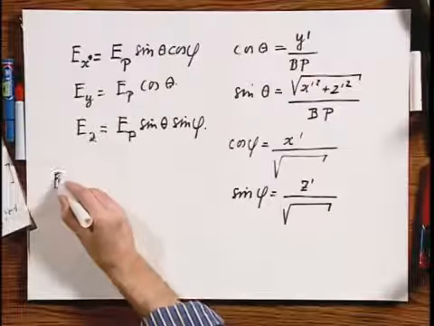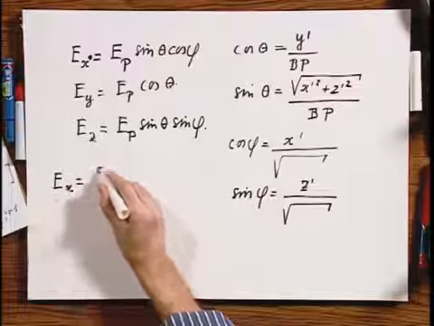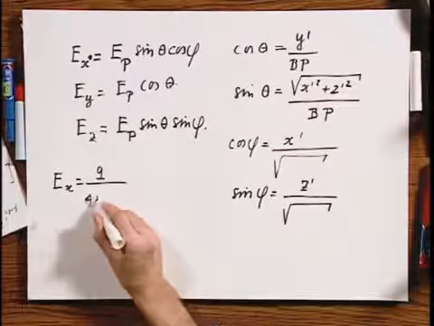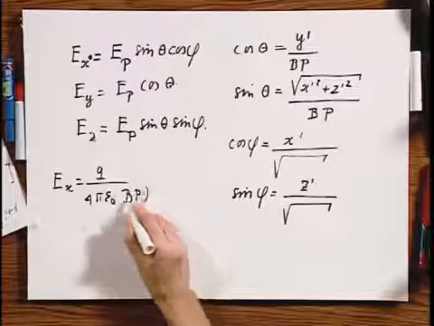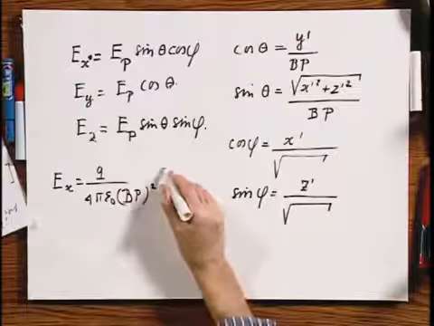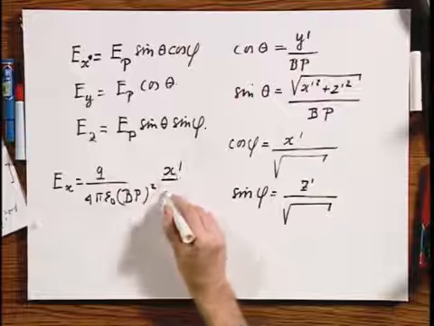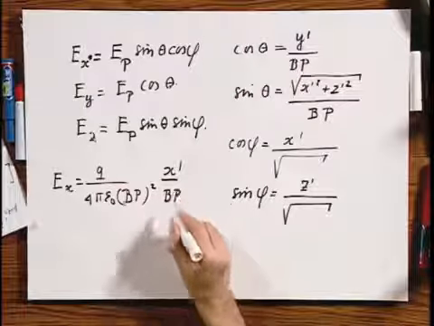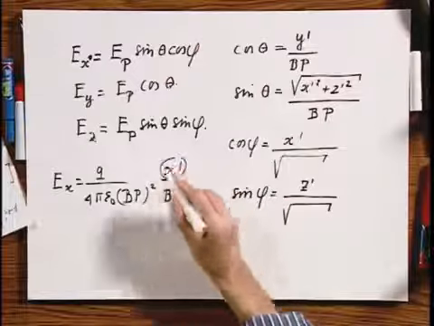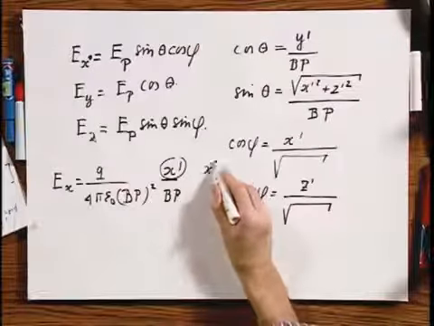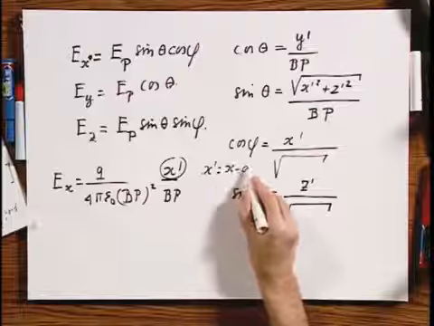I find that E of x equals Q divided by 4 pi epsilon 0 BP squared times x prime divided by BP. But remember, x prime equals x minus a.